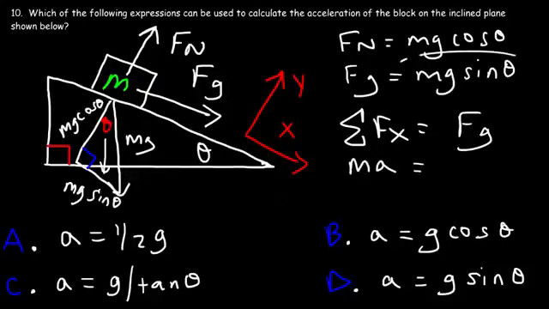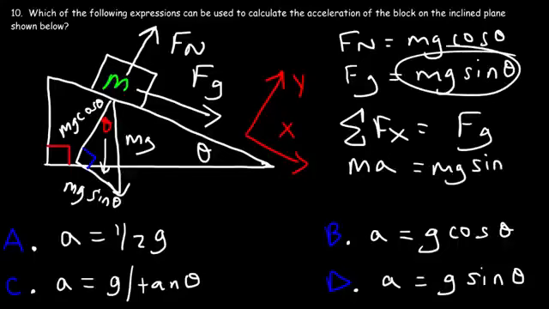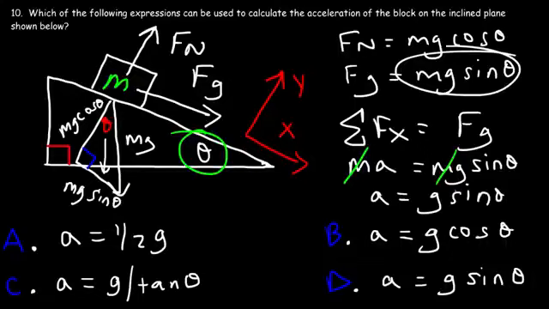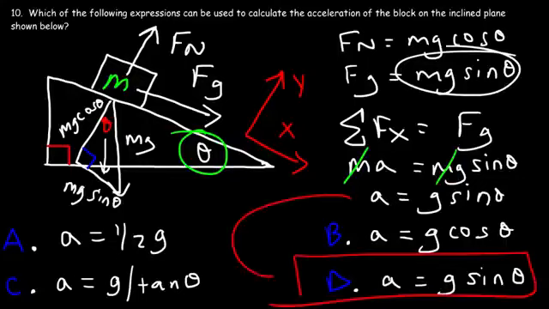And Fg is mg sine theta. So now we can cancel the mass. So the acceleration does not depend on the mass in this problem. Rather, it depends on the angle theta. So the acceleration is g sine theta, which means that answer choice D is the right answer.